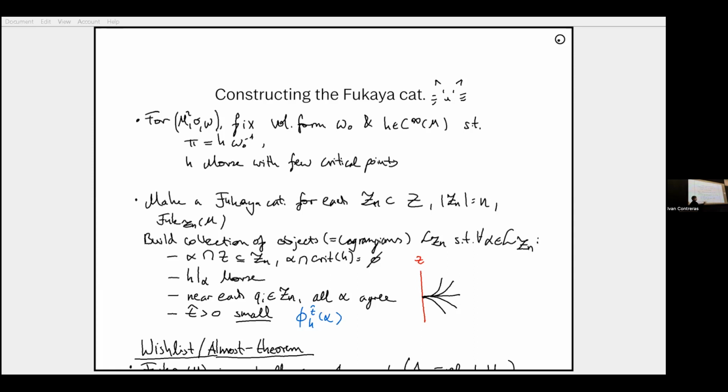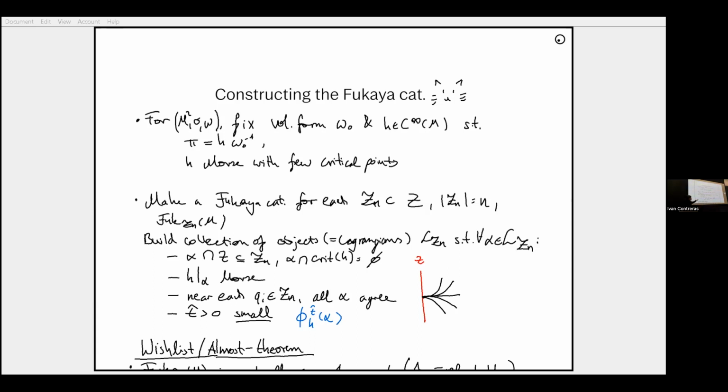This is not a very strong condition either. You can just wiggle a Lagrangian a little bit and that will make the restriction Morse. And near every point where they intersect Z, they should all agree. So essentially, we want only one direction for Lagrangians to come out of intersection points with the degeneracy locus.